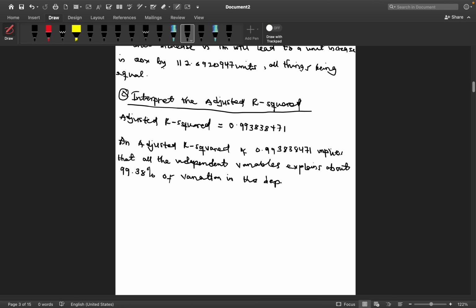My pen is disturbing a bit, I hope you guys will manage it for me. So an adjusted R squared of 0.993838471 implies that all the independent variables explain about 99.38% of variation in the dependent variable.